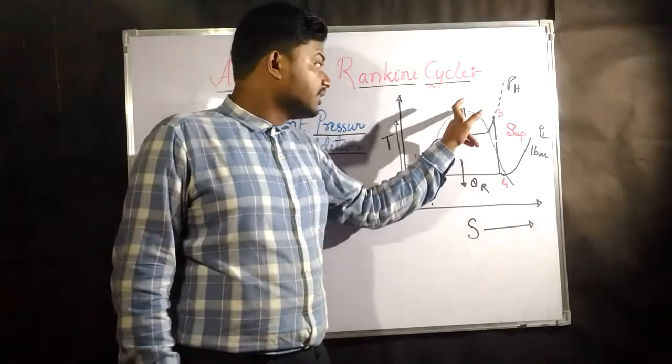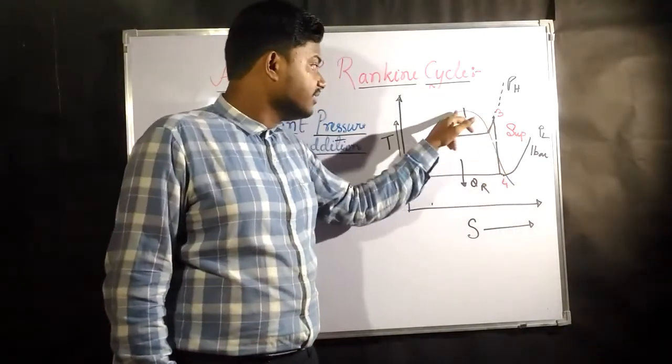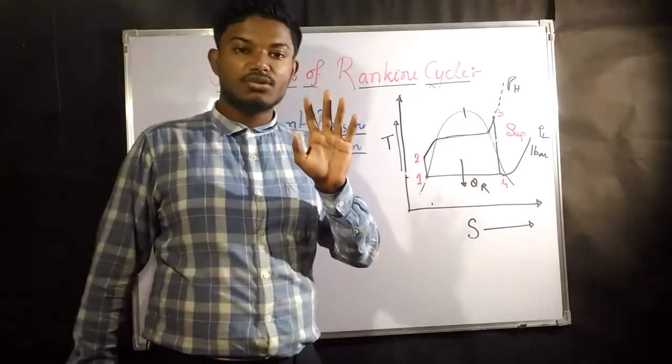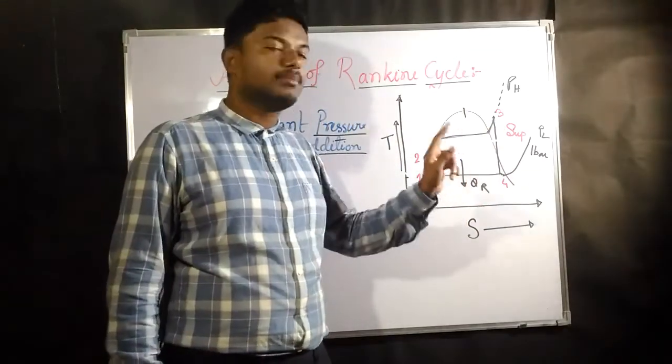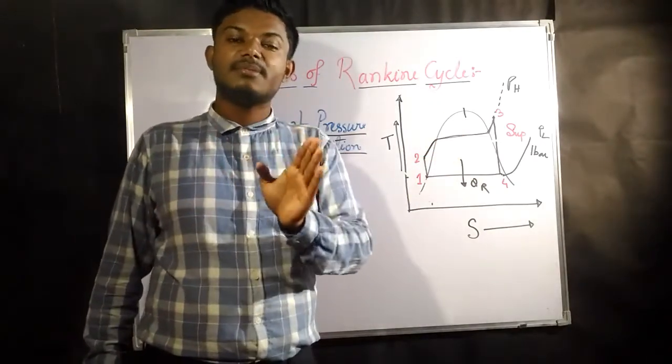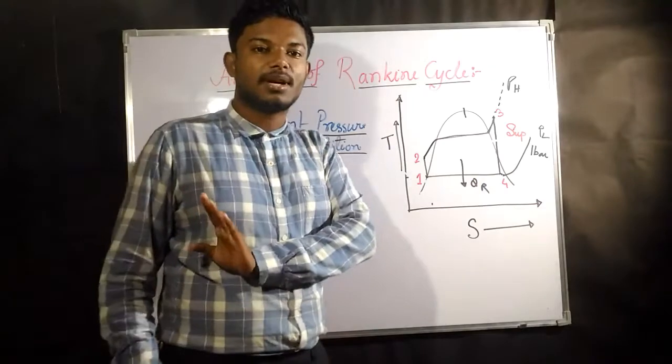So the things which we need to find out on these lines will be found out from the saturated part. But in the steam table there is another segment which is named as the superheated part.